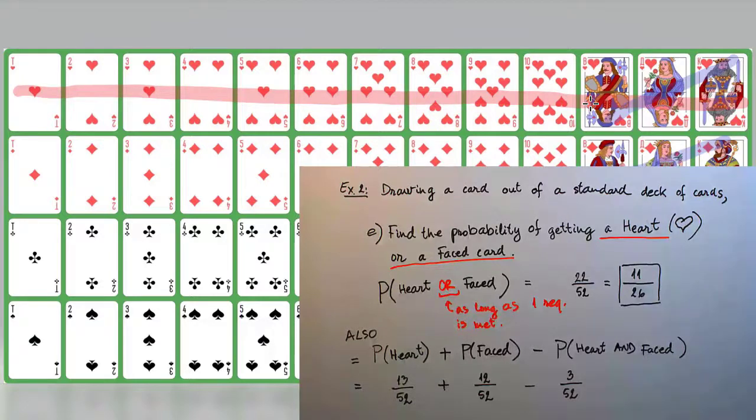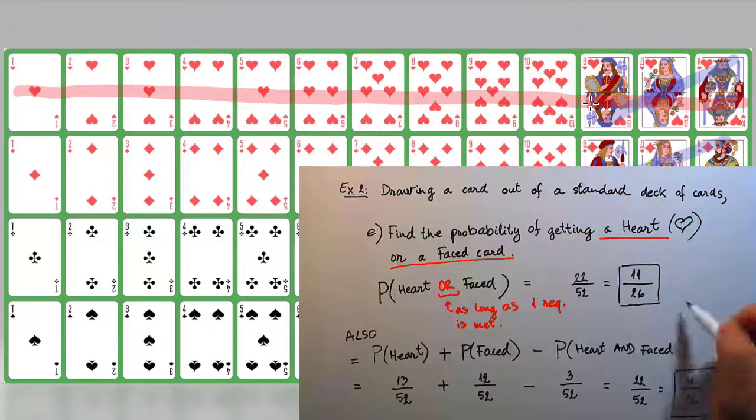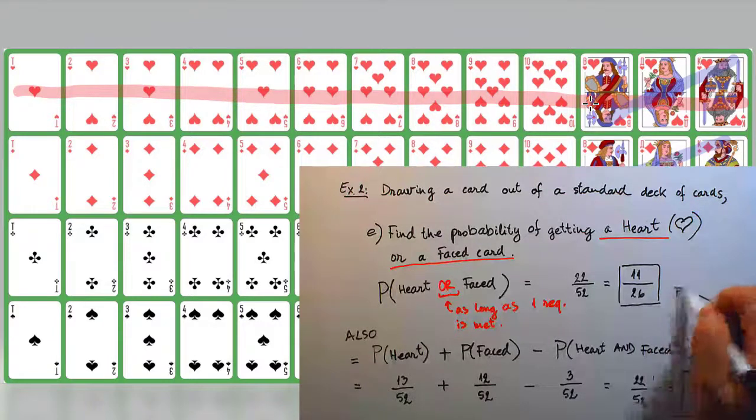In that case, our math turns out to be 22 out of 52, and once again that reduces down to 11 over 26, the exact same answer as we found in the other approach. So, two different approaches.